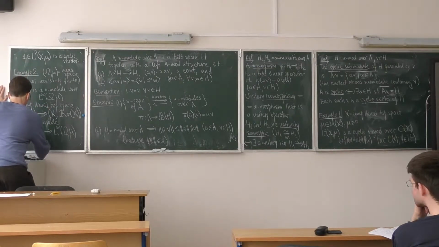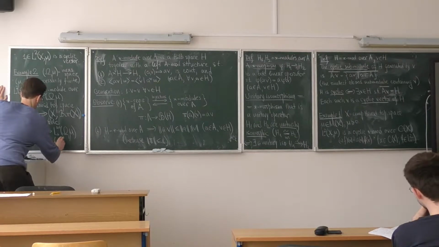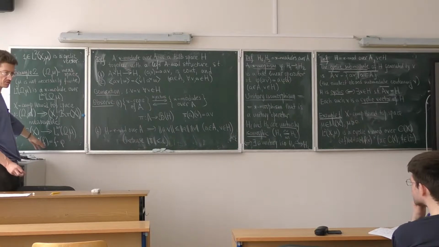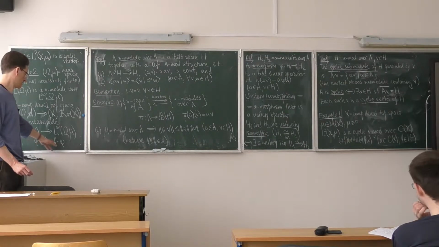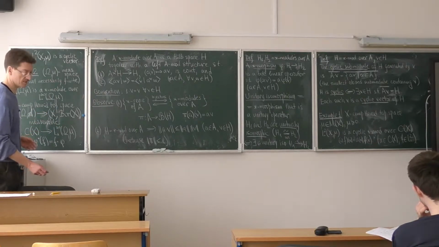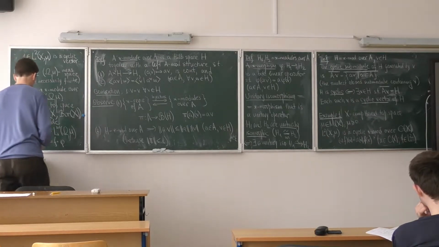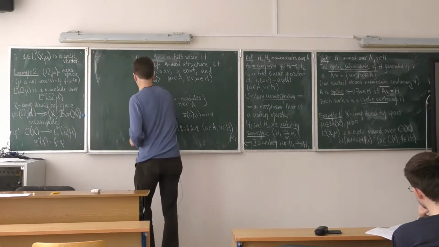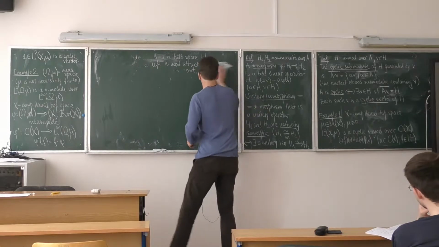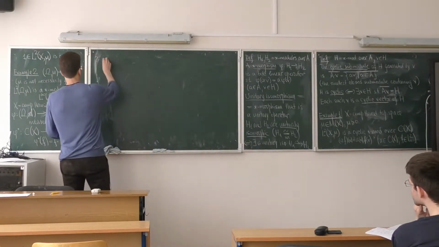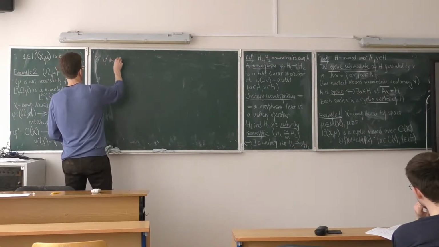By the usual formula, it takes f to f composed with phi. So if f is a continuous function, then it is bounded, and after we compose it with phi, we get a bounded measurable function on omega. So phi dot is a unital star homomorphism.